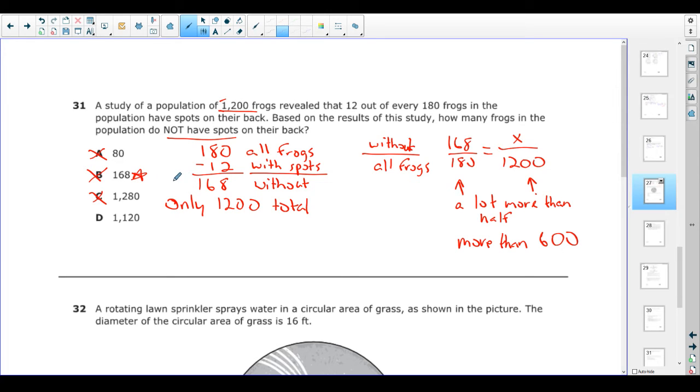And the answer is no. It has to be less than 1,200. So it's got to be somewhere between 600 and 1,200, and the only one that does that is answer choice D. And if you don't believe that, you can cross multiply, and you can do 168 times 1,200 and divide that by 180. Okay?